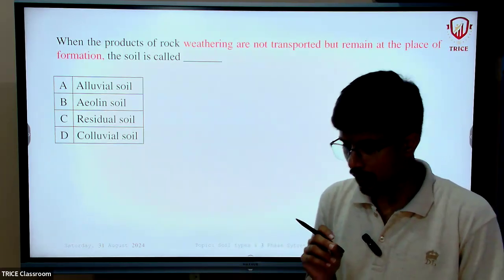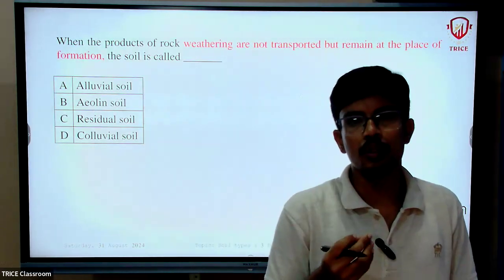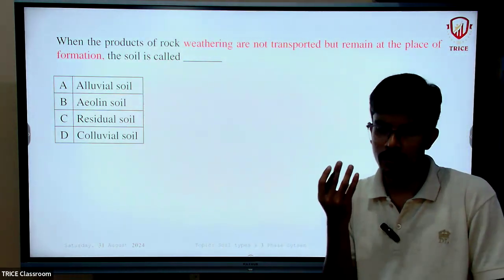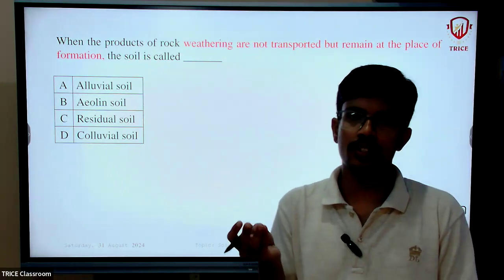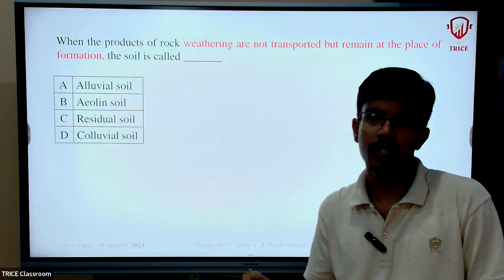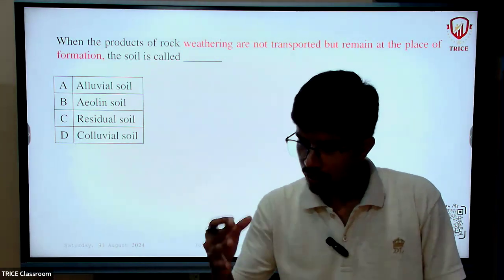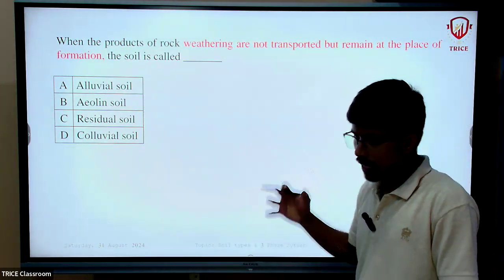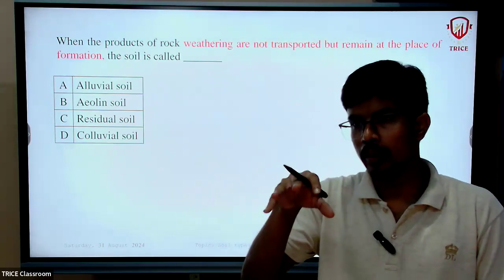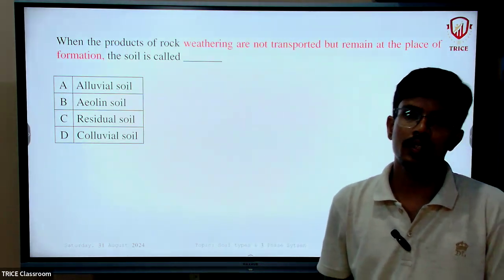In basalt, due to the aging of the rocks, the soil gets leached out through chemical action, which may be carbonation, hydrolysis, hydration, or oxidation. Due to the aging, the rock deteriorates, and the residue remains at the place of the parent rock. That we call residual soils.